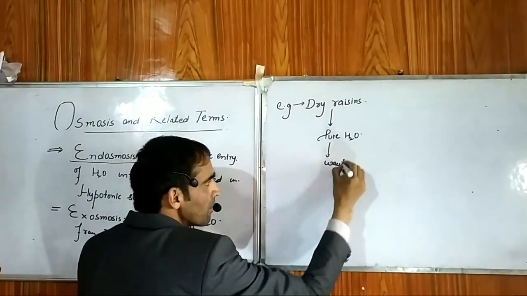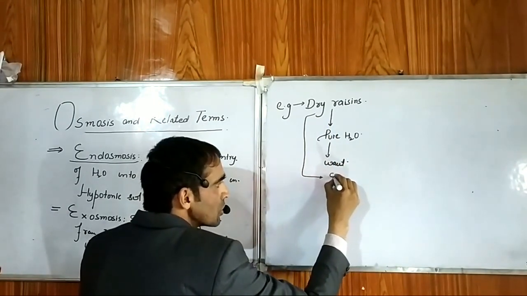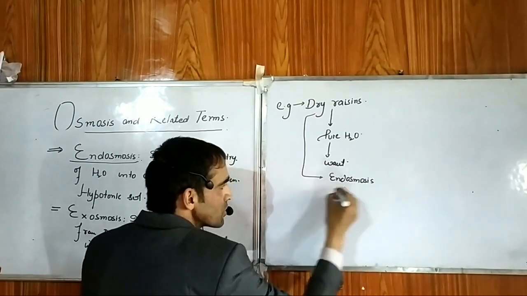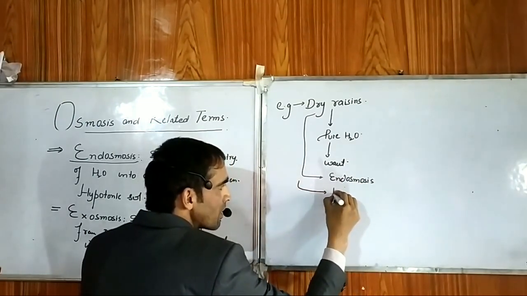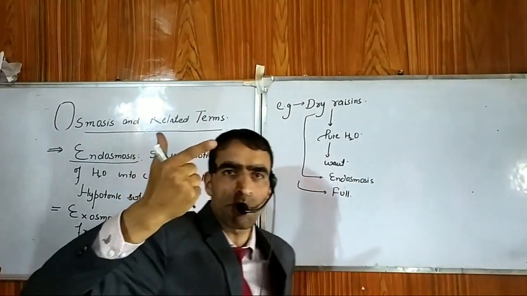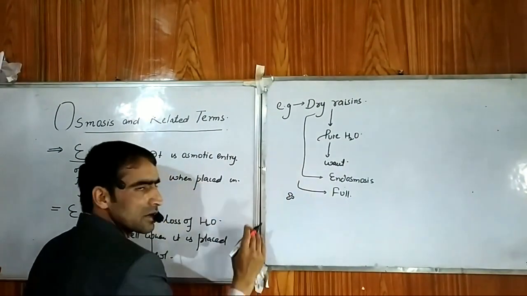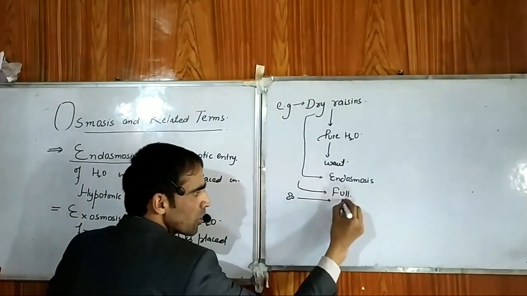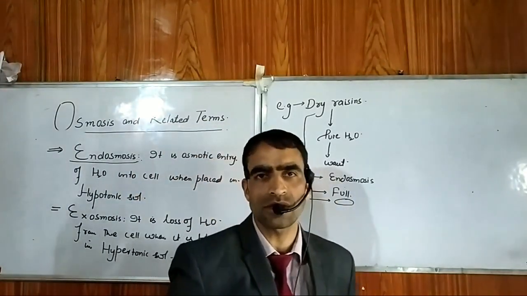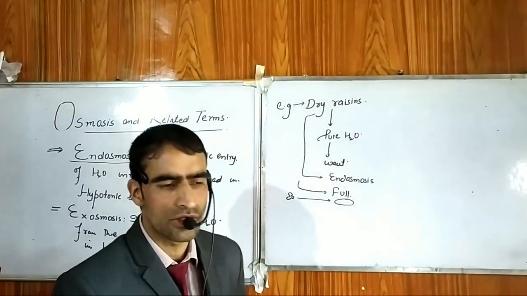After some time, I will observe that those dry raisins show endosmosis. When endosmosis occurs, those dry raisins, its cells will be full. It's now full grape-like structure. Once upon a time, it was this dry raisin. After gaining this water, now it is grape-like structure. This is the best example to perform what is called as endosmosis, dry raisins को लीजिए.